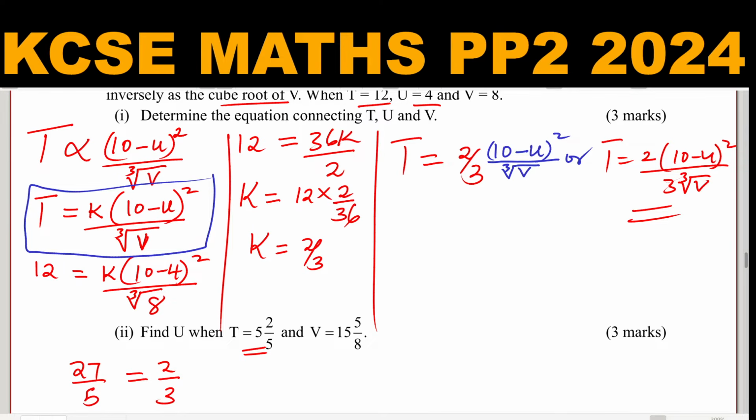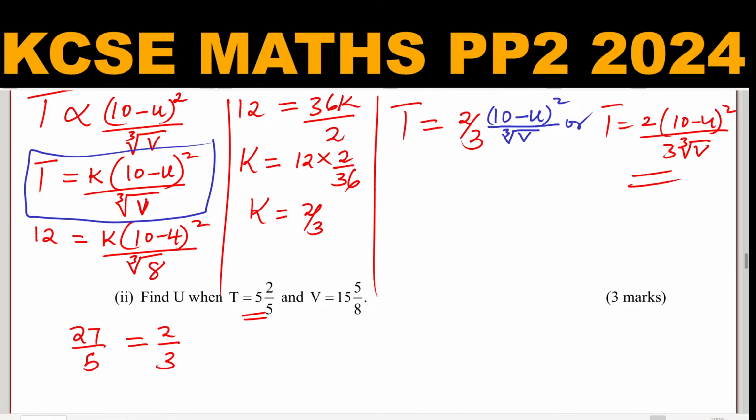And then we have 10 subtract U squared, and then everything divided by the cube root of V. V is 15 and 5/8.